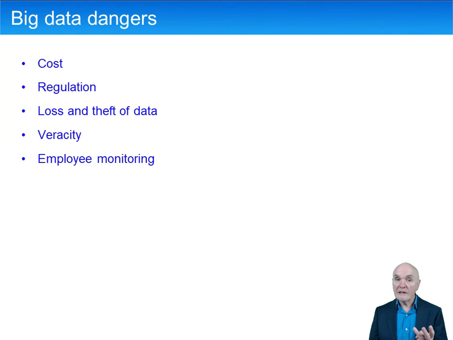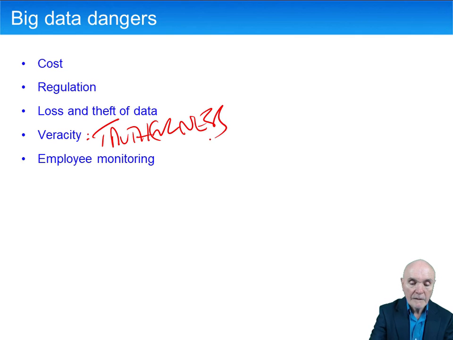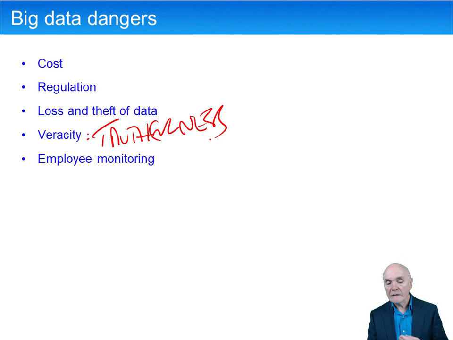We talked about 3 V's: velocity, volume, variety, and sometimes veracity. Veracity means truthfulness. If you're recording data inaccurately, then you're not going to be able to derive from that accurate predictions or conclusions. So it's very important that we have some feeling that the data being recorded is accurate.